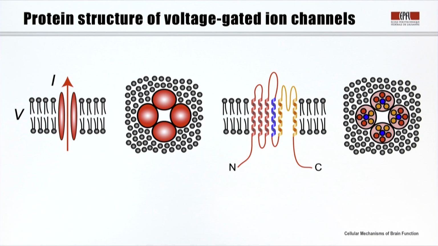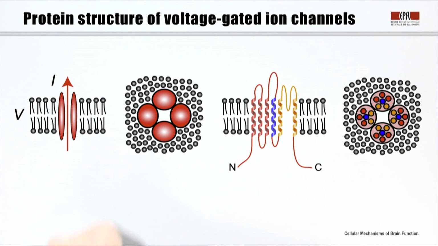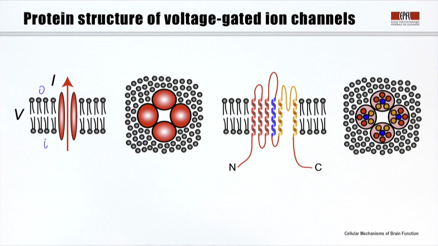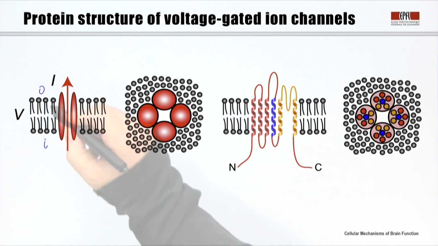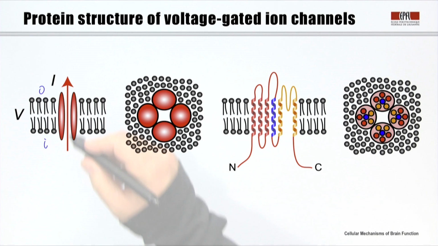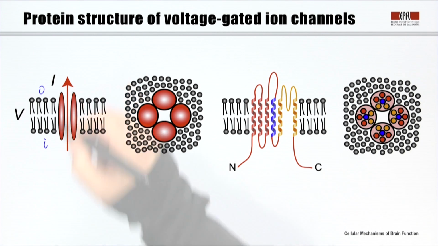Let's return to look at the protein structure of voltage-gated ion channels. The ion channel is made out of a chain of amino acids that span from the inside to the outside of the plasma membrane, meeting the lipid bilayer in parts and in other parts meeting an aqueous channel that allows the ions to permeate across the plasma membrane.